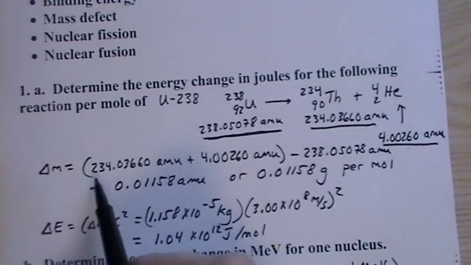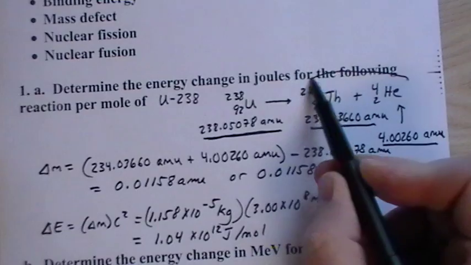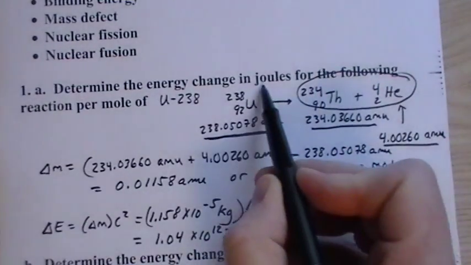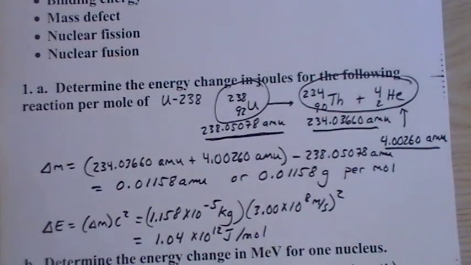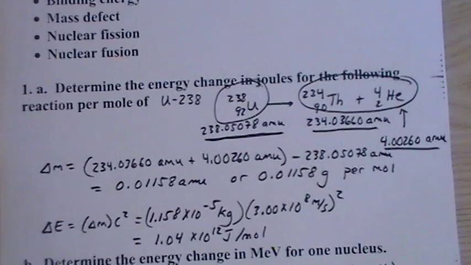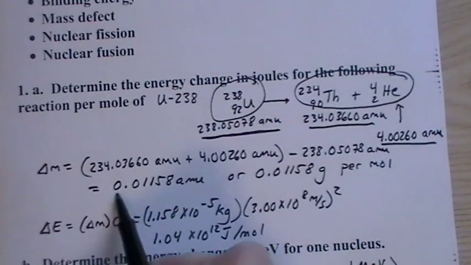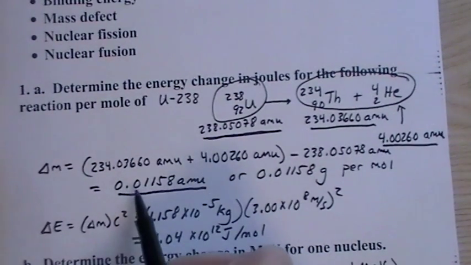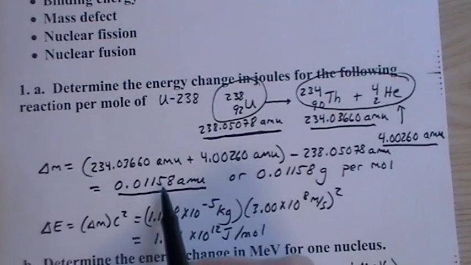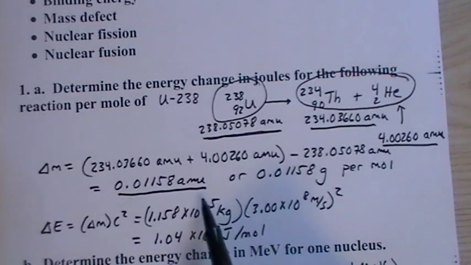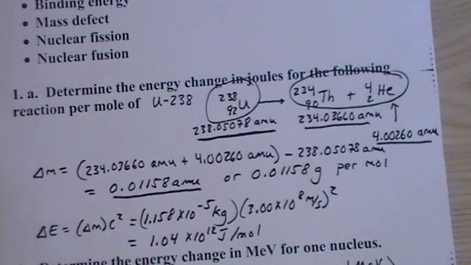So what we do is you take the masses of one side, add those up, and subtract off the mass of the other side, the reactant side, or the starting side, and that gives us a change of 0.01158 AMU. If it comes up negative, that's what it should do. There should be a loss of mass, but I don't worry about that.